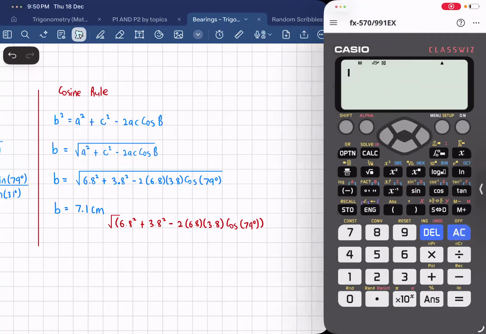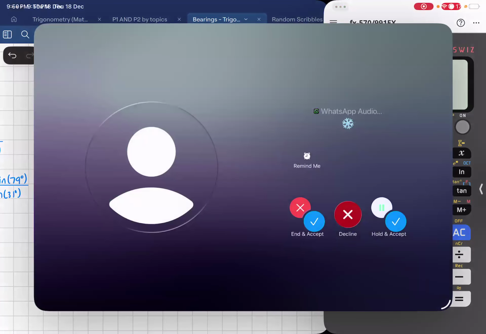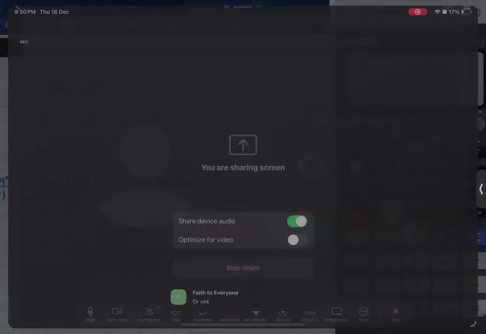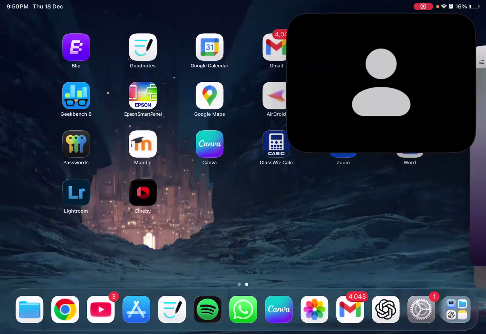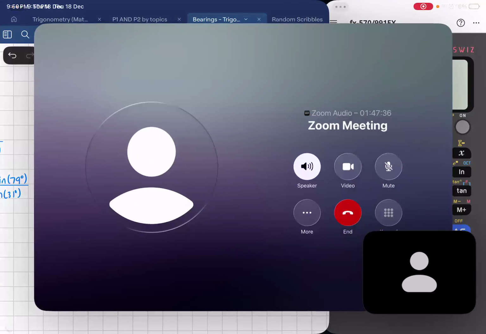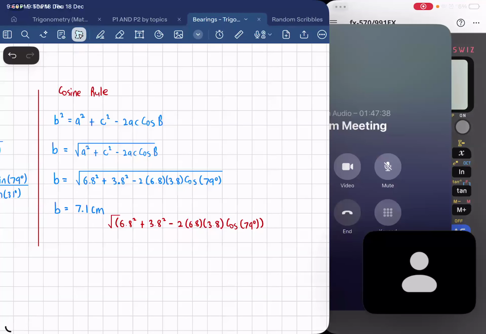So, this is our way to do it. Our way to press the square root button. Wait, a call. Hold on a second, guys. Give me a moment.